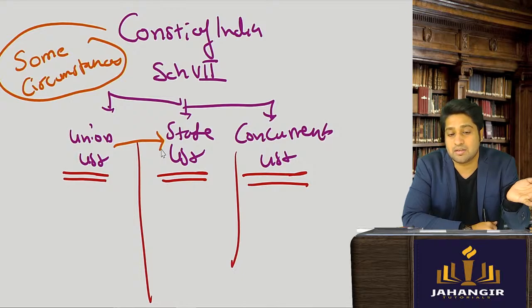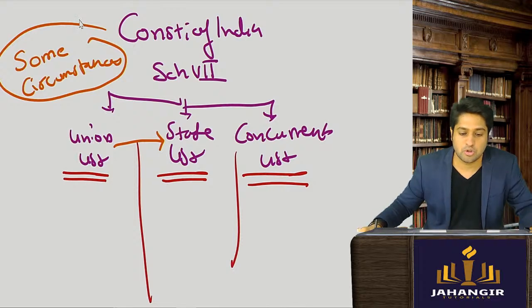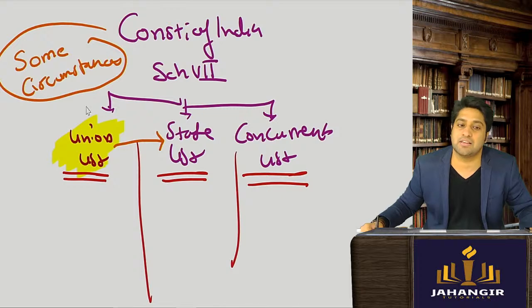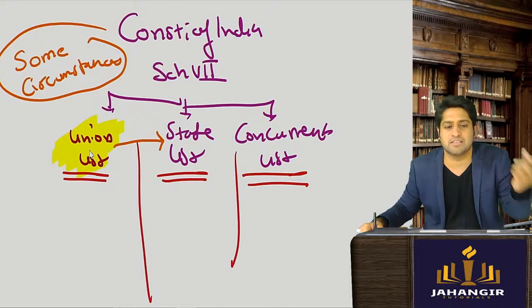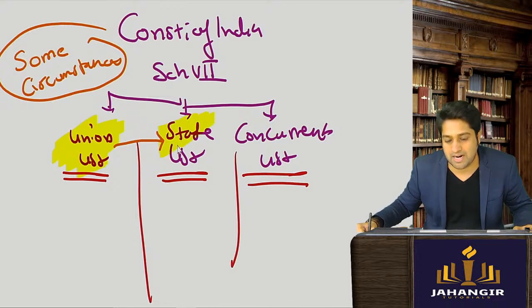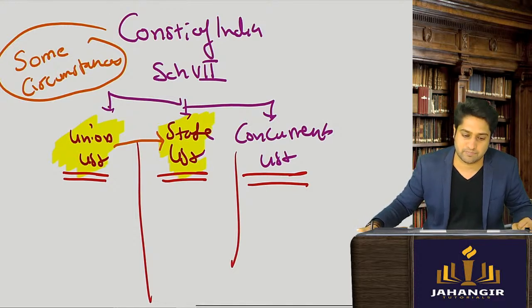This power is there in certain cases, which we will see. So the question comes like this: under what circumstances can the union government make laws on matters stated in the state list? So we will see.